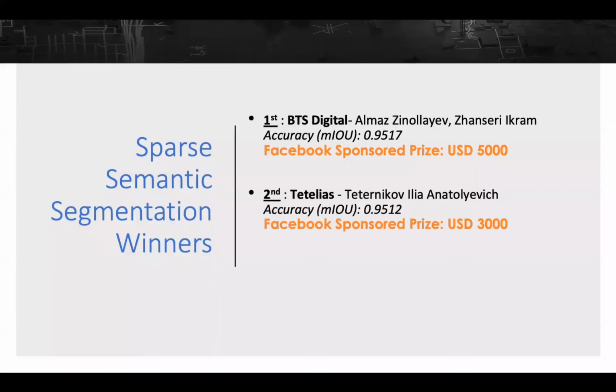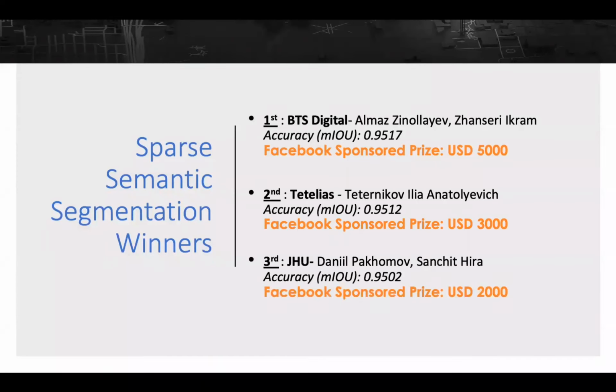The second place goes to Team Tetelius from Russia, and their model produced an accuracy of 95.12%. And finally, the third place goes to team from United States, Team JHO, represented by Daniil and Sanchit, and their model produced an accuracy of 95.02%.